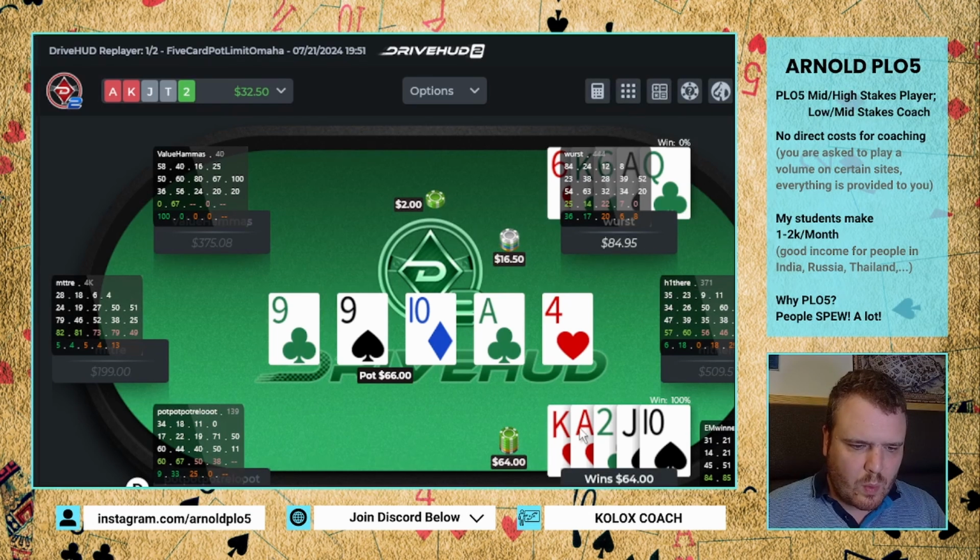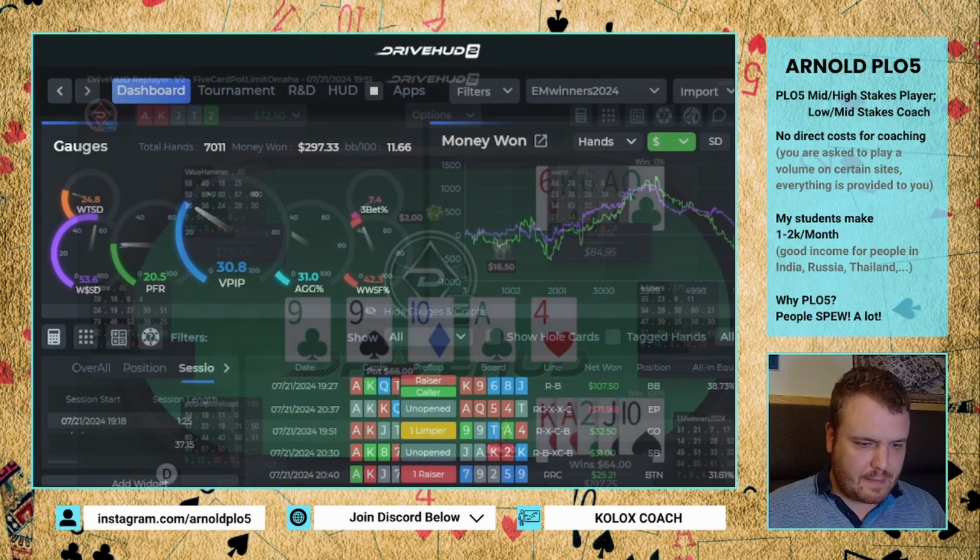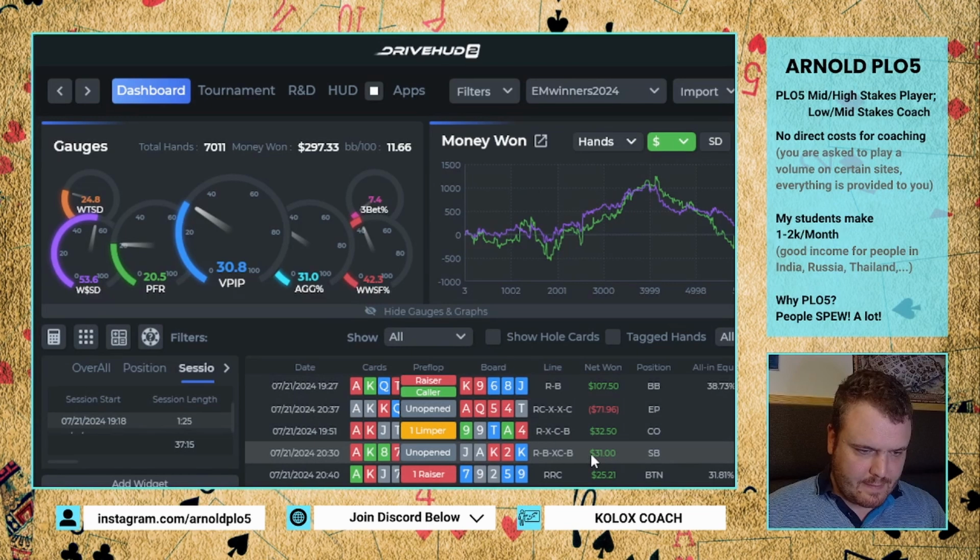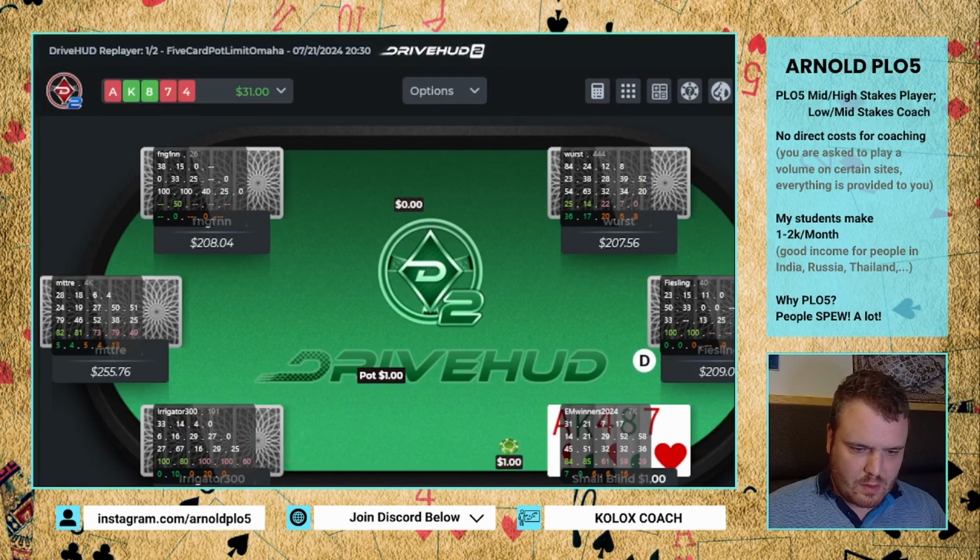And therefore I went for the pot control on the turn, so I think turn is okay. And river is really nice that I went for the small value bet against ace. So I think this is a hand I played better than the last one.